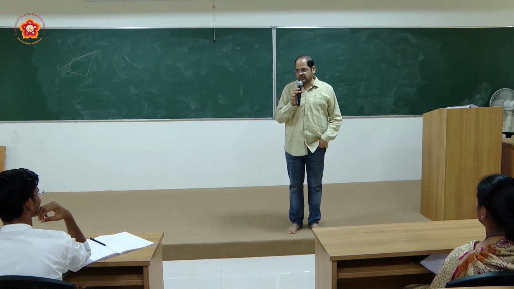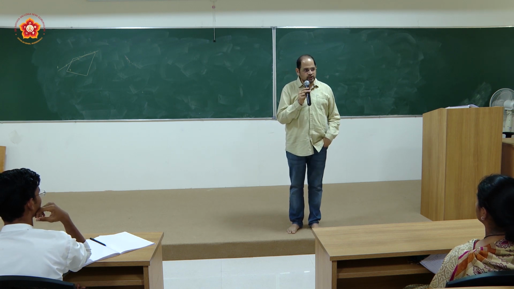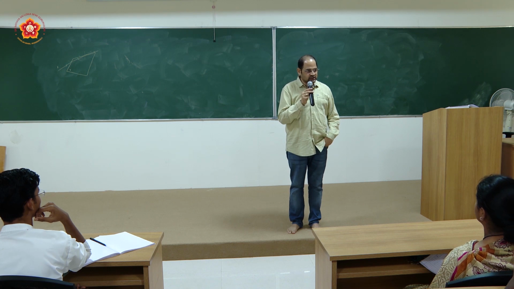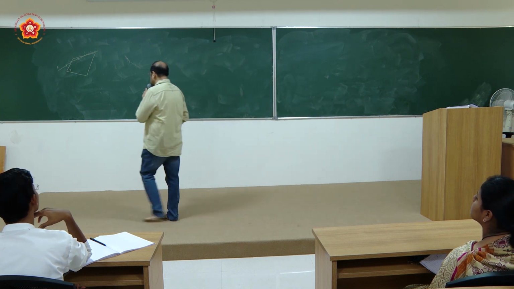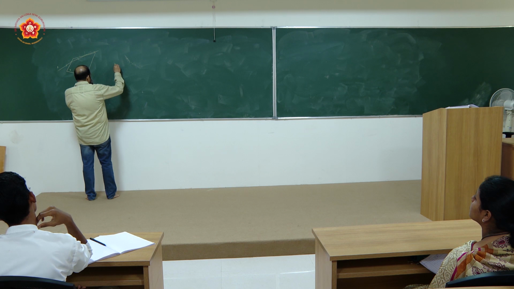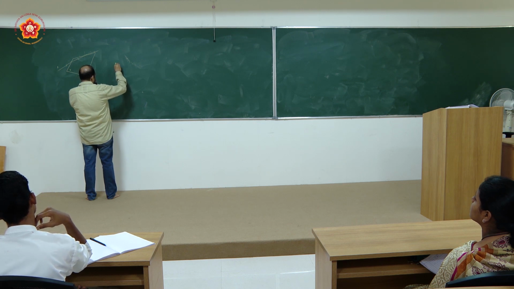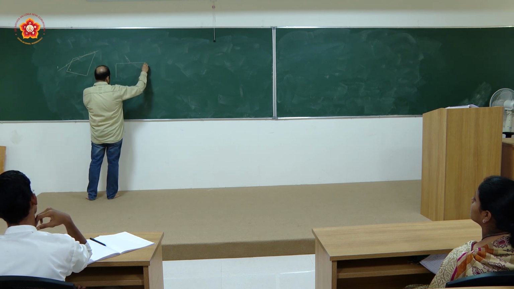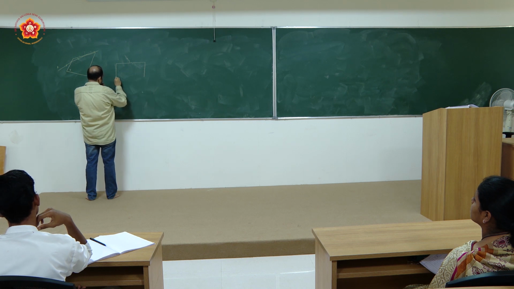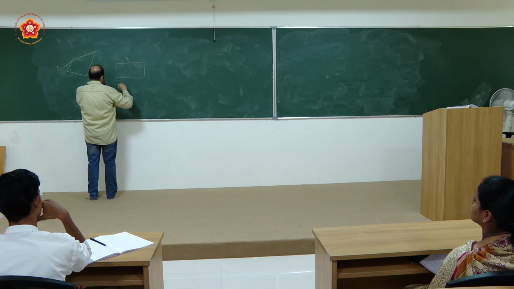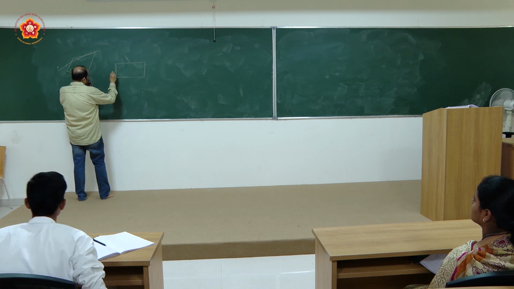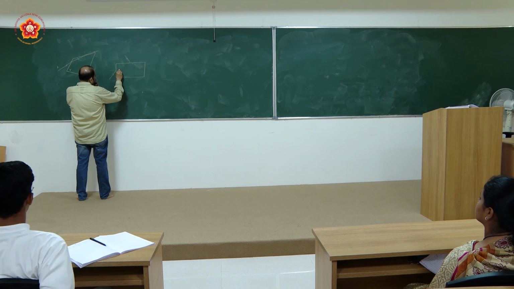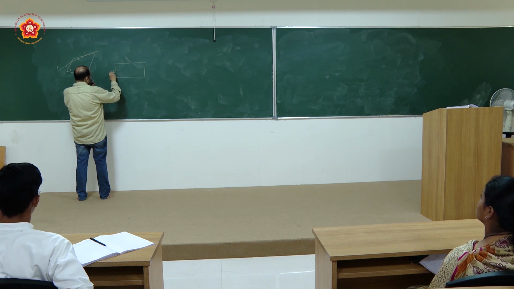So the perception that was built with us, that it should only be triangular in shape, is not that correct. I can even call this a prism. Suppose I have a rectangle, and I make a ray of light incident along this direction. I draw a normal at this point. This is your angle of incidence.